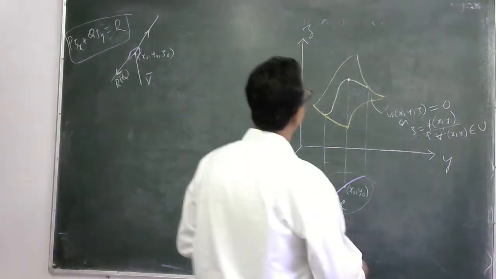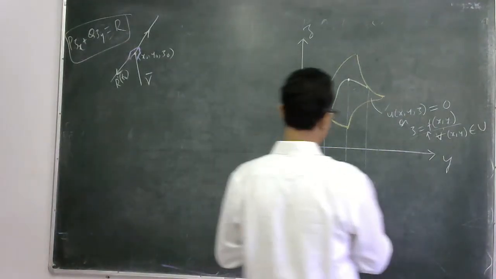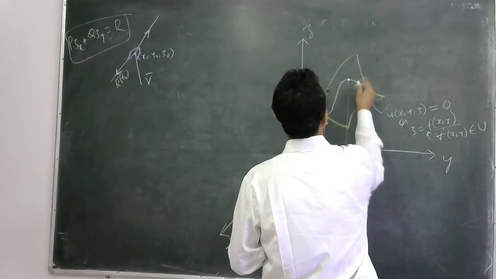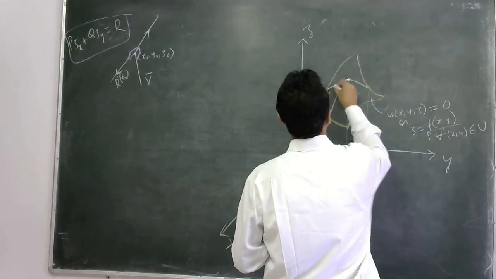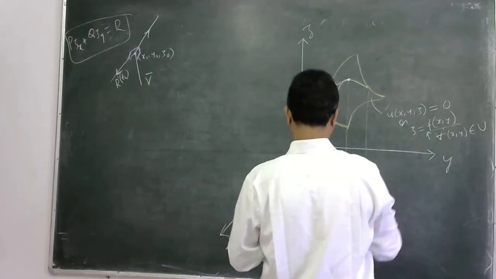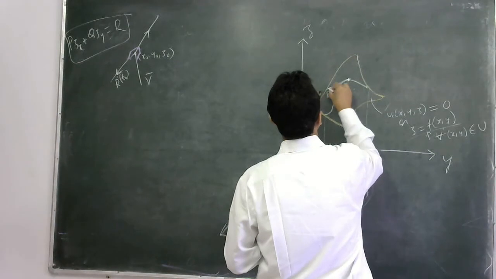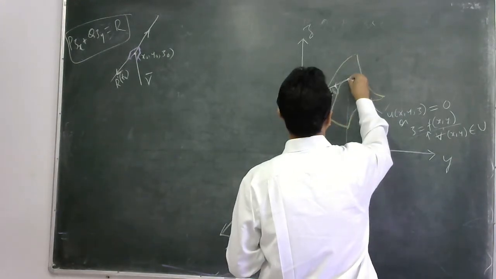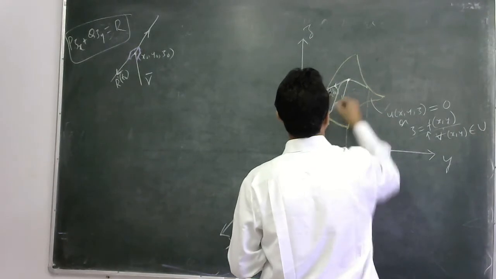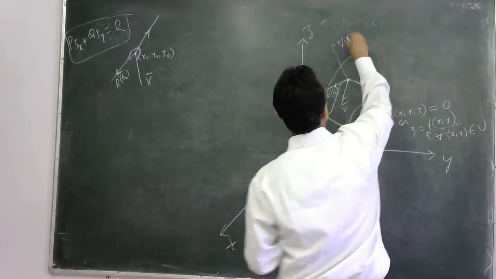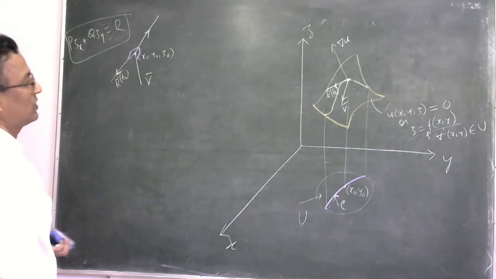Okay, fine. So now what is being given? Suppose this is your capital R prime T naught, and suppose this is V, and this is grad u. Is it okay?